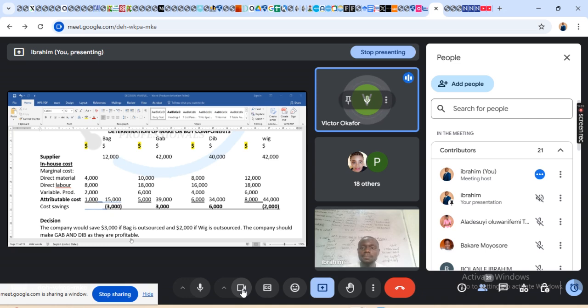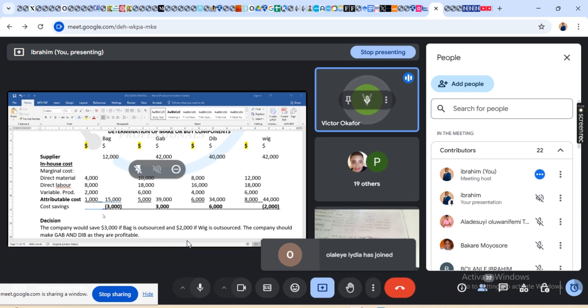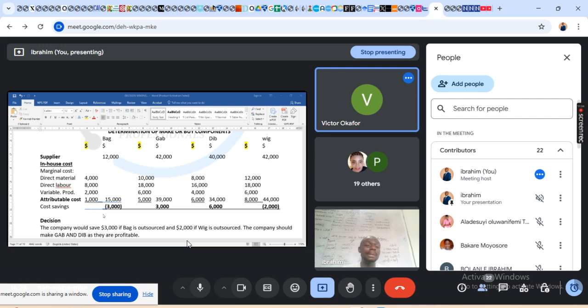But from the narration, we are told about directly attributable fixed cost per annum in making, and committed fixed cost, which is not to be considered.